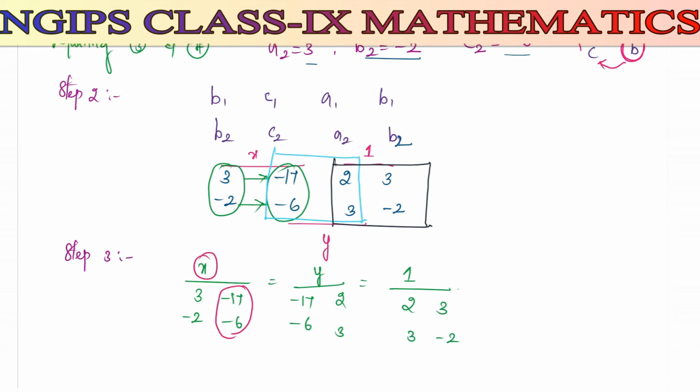The second column of x is going to be the first column for the value of y, same as it is. The second column of y is going to be the first column for the constant term. Is it clear? Minus 17, minus 6, 2, 3, and here it starts from 2, 3.